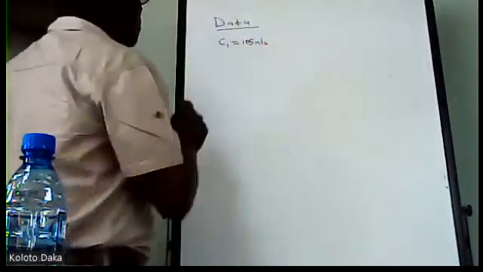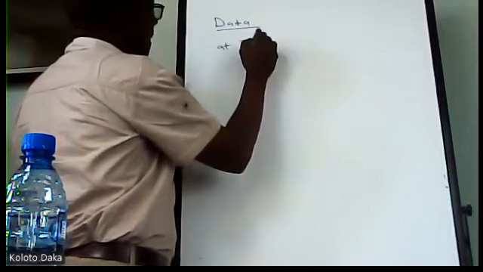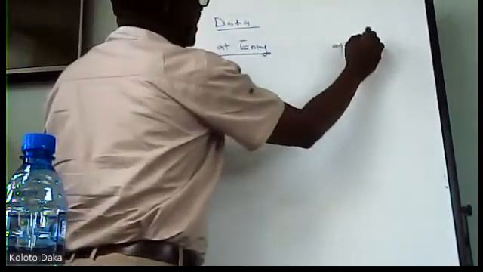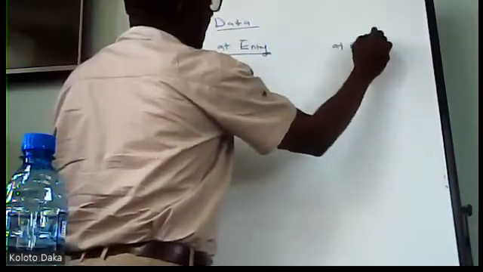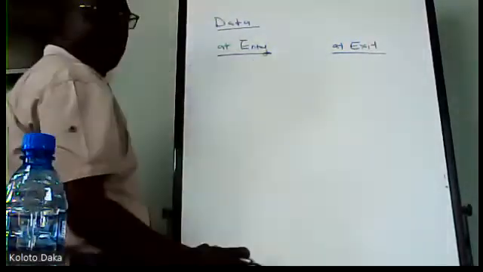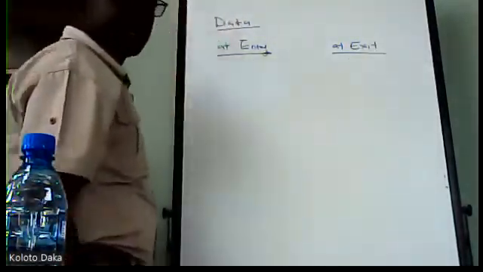Okay? So we are going to say at entry, then we are going to say at the exit. So things that are happening at entry, we record them here. At exit, we record them there. Okay, proceed.